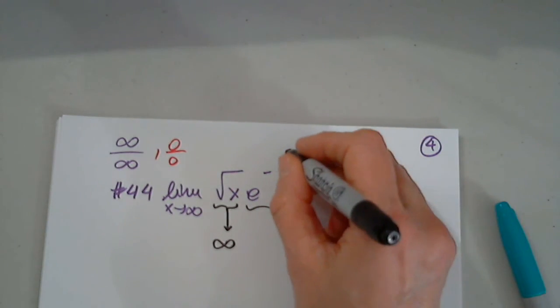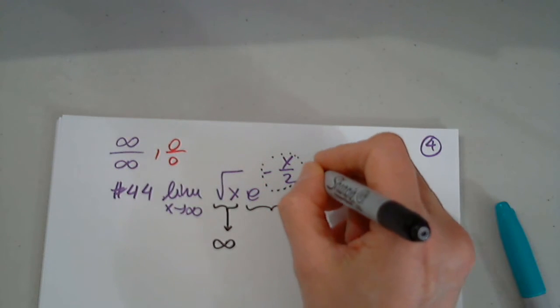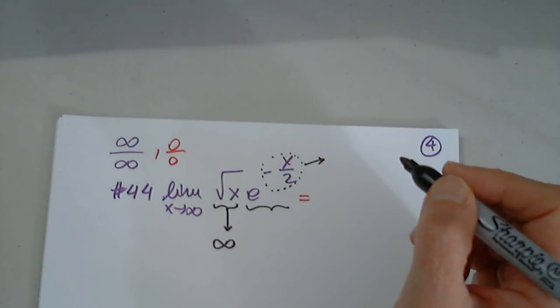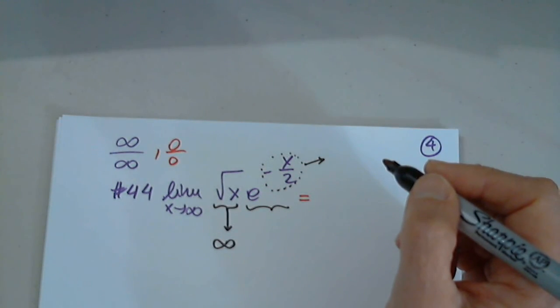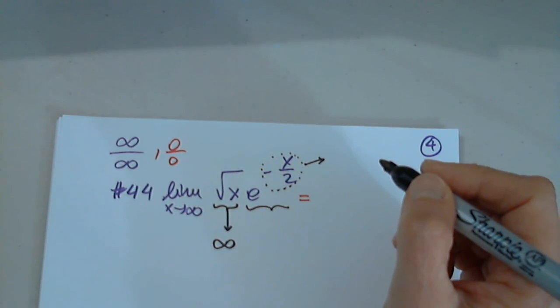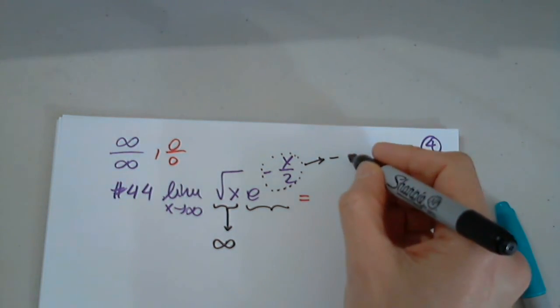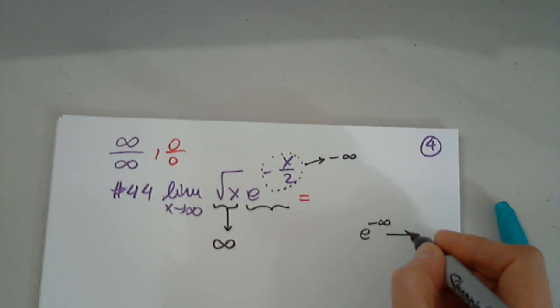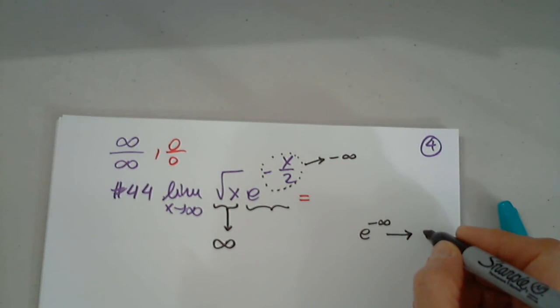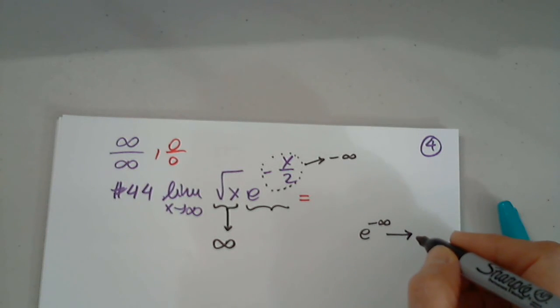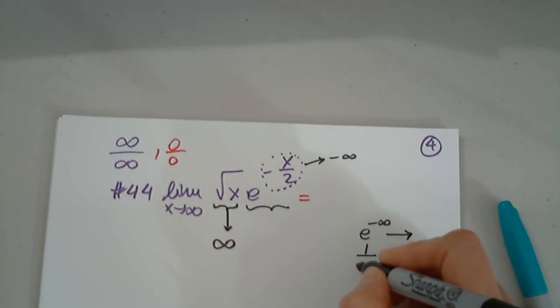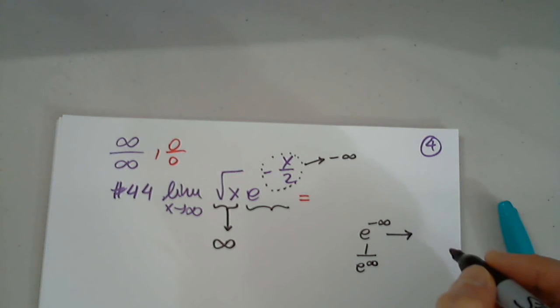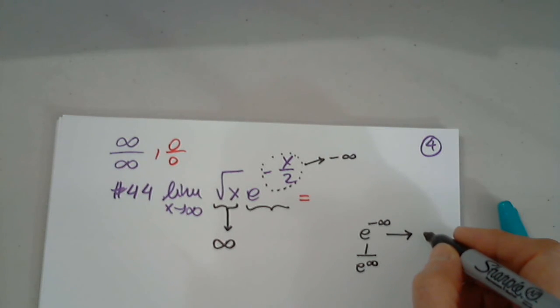Where does this go? Well, let's take this piece first. Where does this piece go when x approaches infinity? Negative infinity. Yes. So this approaches negative infinity. Where does e to negative infinity go? It's the same with 1 over e to infinity. 0.